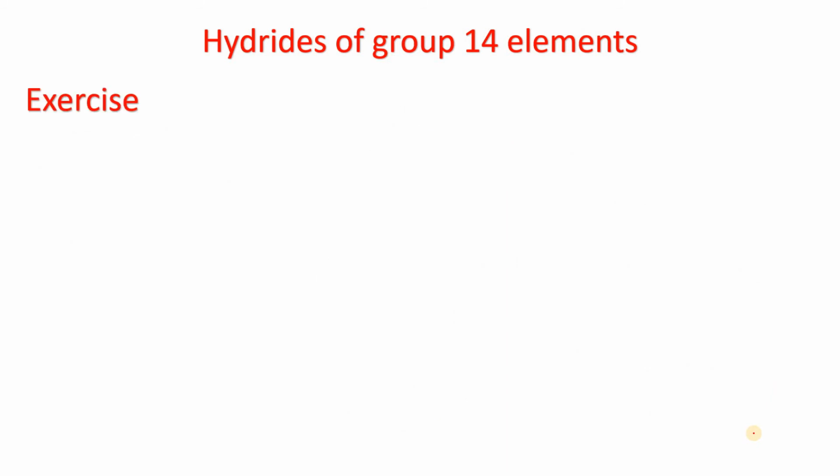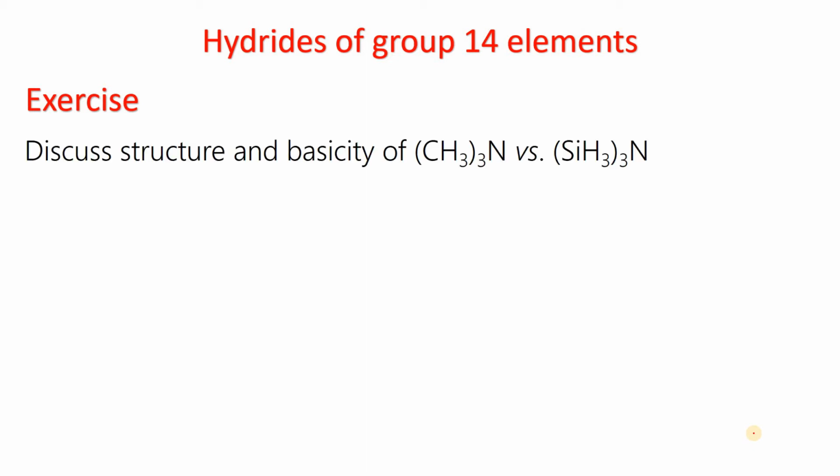Then we come to an exercise part in group 14 elements. Let's discuss the structure and basicity of two compounds, trimethylamine and trisilylamine. These two compounds have very similar formulas.